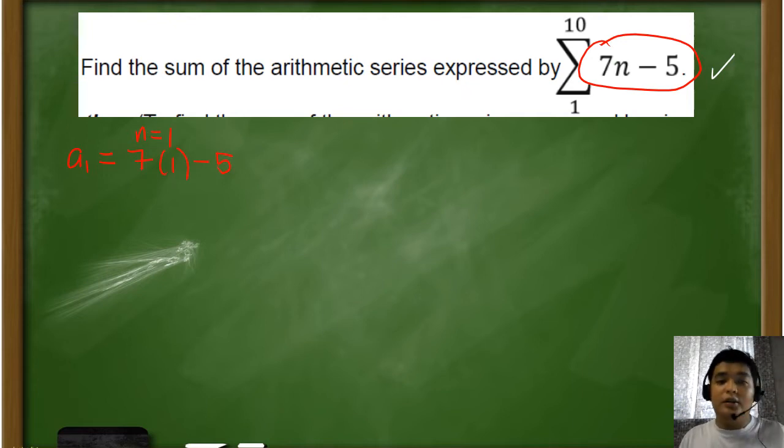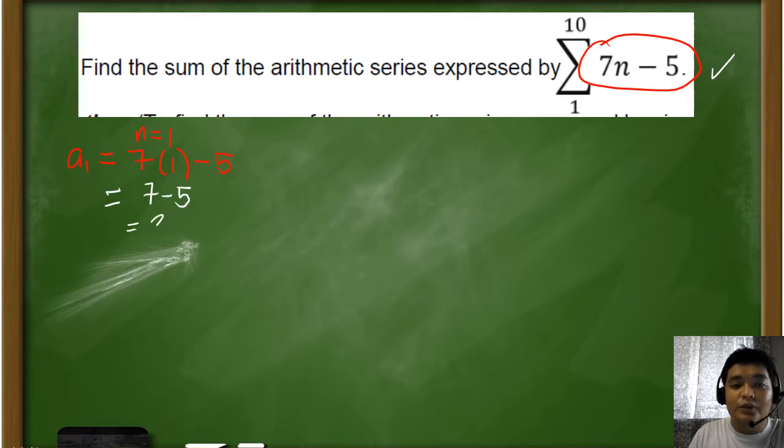Sorry, I'll change the color. So 7 times 1 is 7 minus 5, that is 2. So this is our first term. How about our second term? N equals 2.